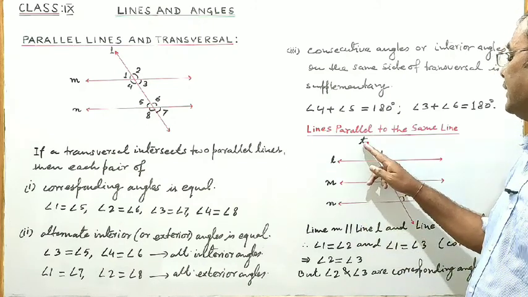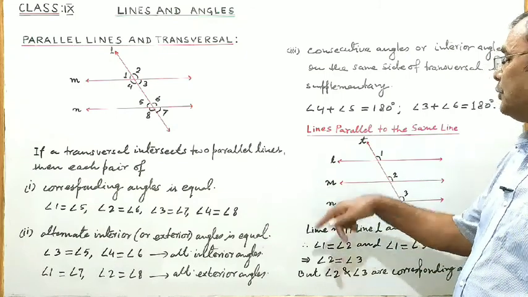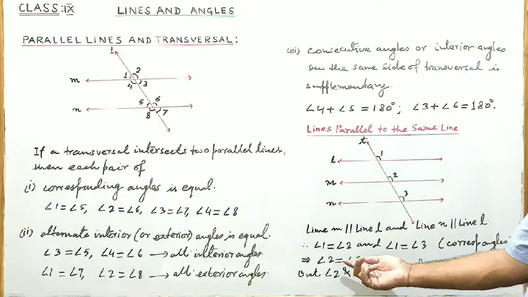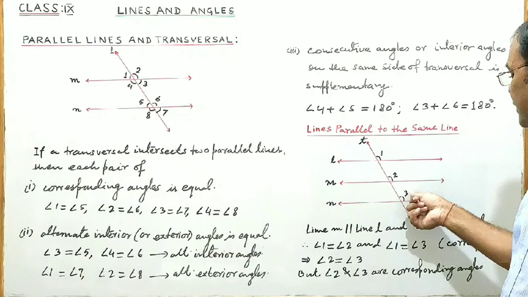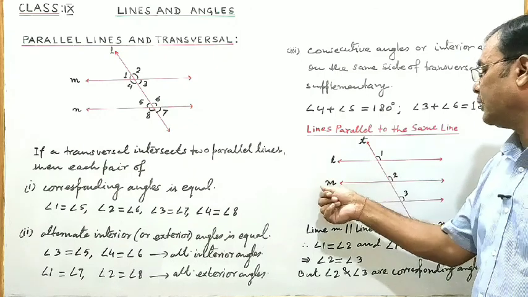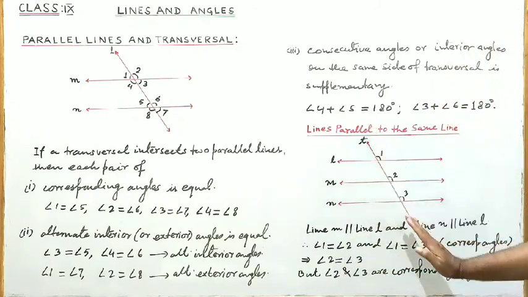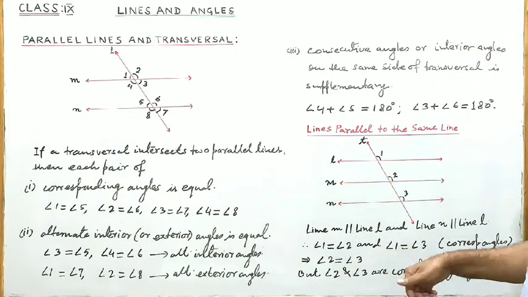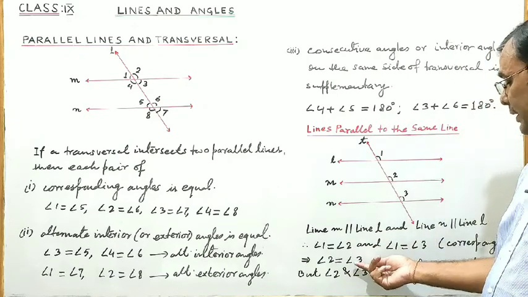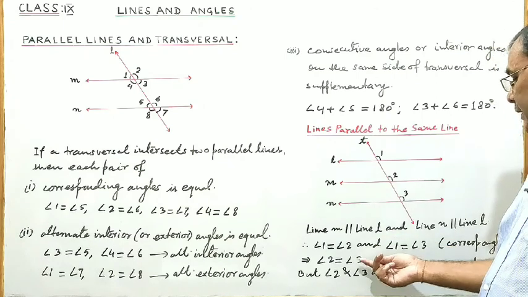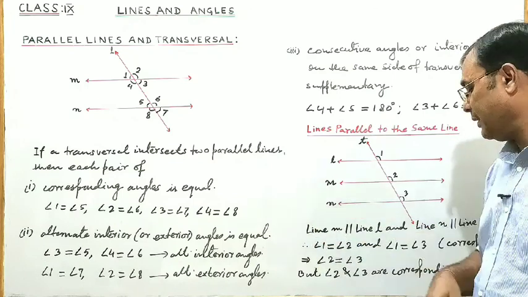Here line T is a transversal, M and N both are parallel to the same line L, and we have proved here that angle 2 is equal to angle 3, which are corresponding angles for the lines M and N with transversal T. So using the converse of the corresponding angle axiom, we can say that lines M and N are parallel.